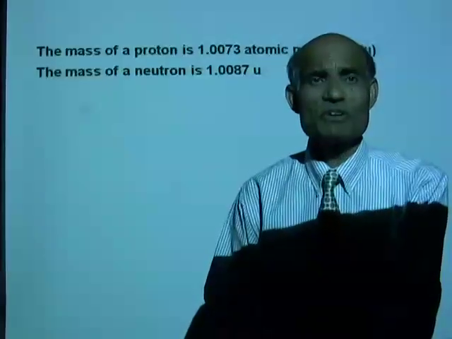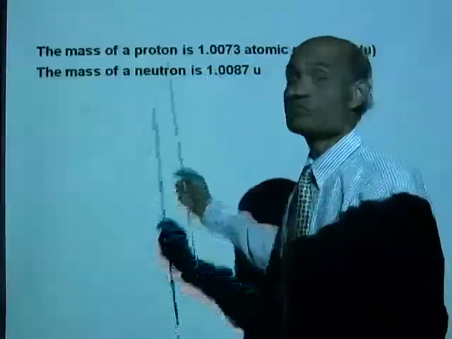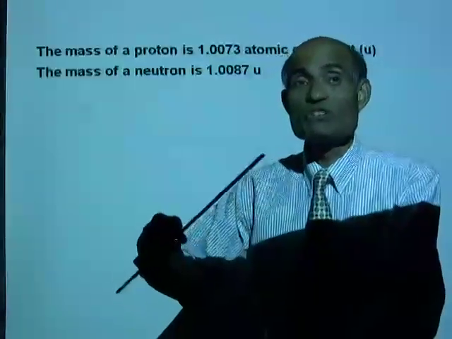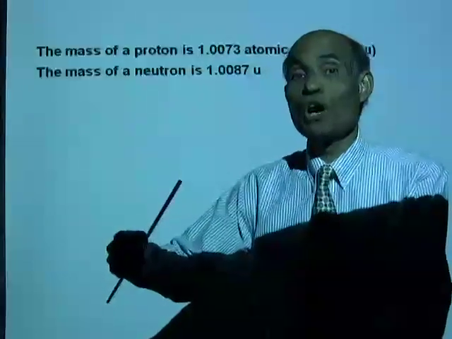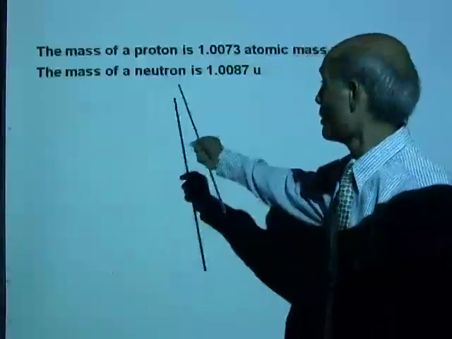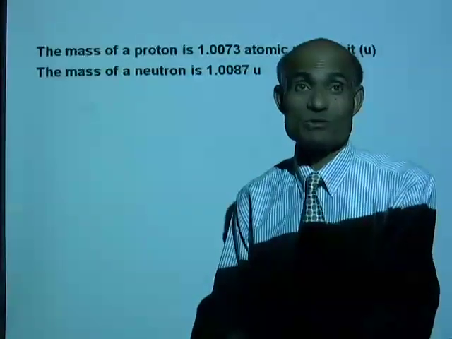Why? What's the difference? Why are these two masses different? Well, we have seen in radioactivity that a neutron can degenerate into a proton and an electron. So the mass of a neutron is actually greater than the mass of a proton.